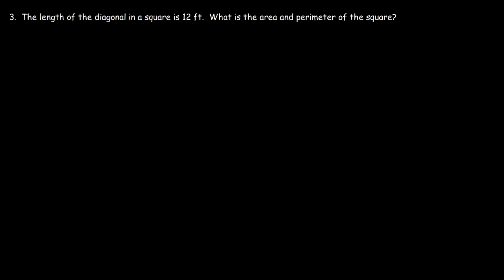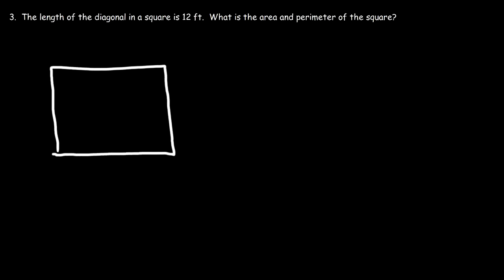Now let's try this problem. The length of the diagonal in a square is 12 feet. What is the area and perimeter of the square? So if we're given the length of the diagonal, let's call it L, how can we find the side length s?